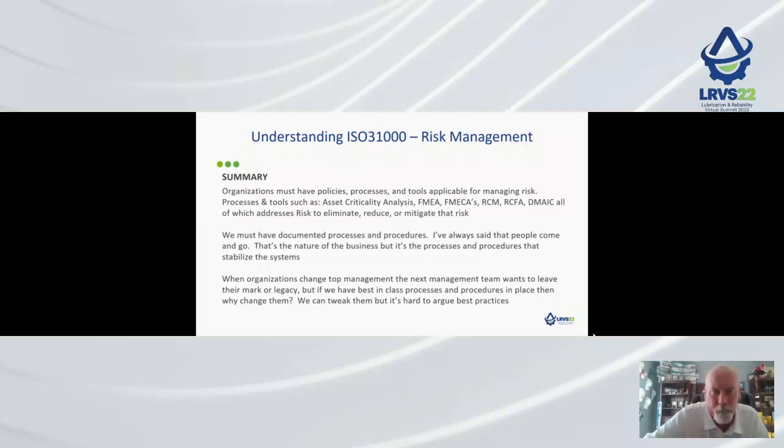Then finally, we must have documented processes and procedures, because I've always said that people come and people go, which is true. It's the processes that we put in place that are going to ultimately stabilize our practices. It's the policies and procedures that we put in place that stabilize the overall system.